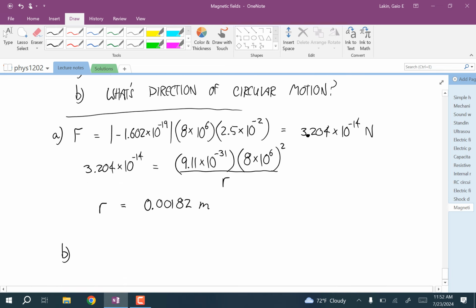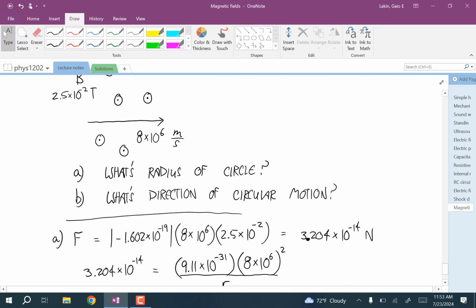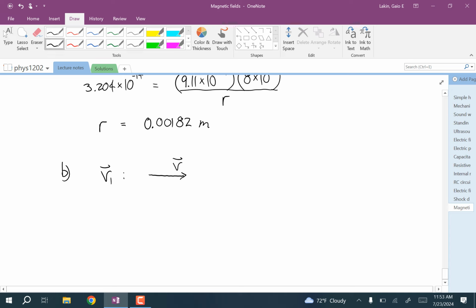Okay, so our V1 for figuring out the force direction is the velocity, which is to the right, times the charge. So this is the velocity vector. But the charge is negative because it's an electron, which means that our charge times the velocity is this way.